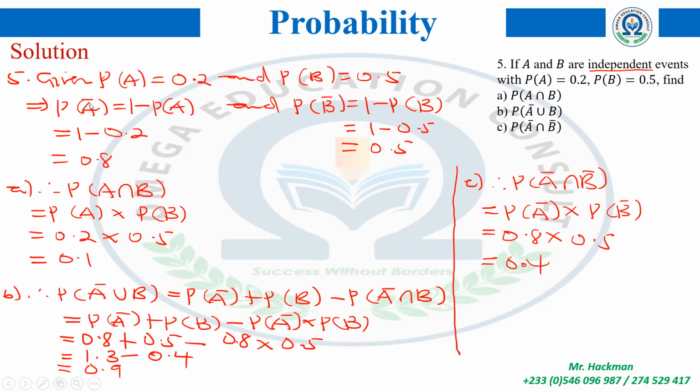We know that P of the complement is equal to 1 minus P of the event itself. So you use that to find the probability of the complement of event A and event B, which will respectively give us what we have there. Is that clear? Please, are you following?